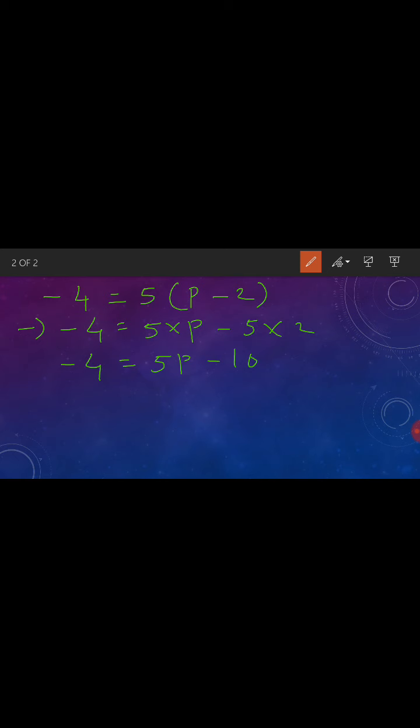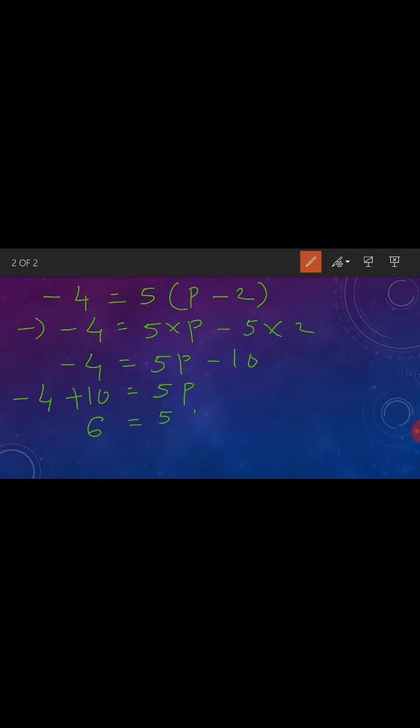Now you will transpose minus 10 to LHS. So you will get minus 4 plus 10 equals to 5p. So when you will solve, you will get minus plus minus. So 10 minus 4, 6. But 10 is greater, so plus 6. So no need to mention the sign.